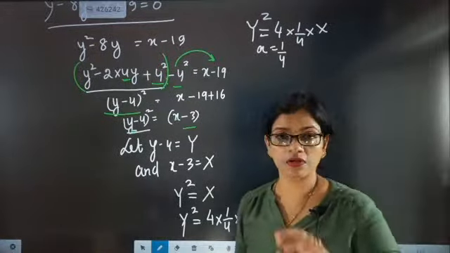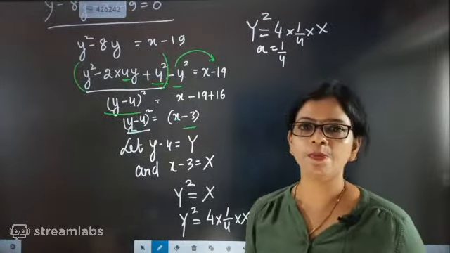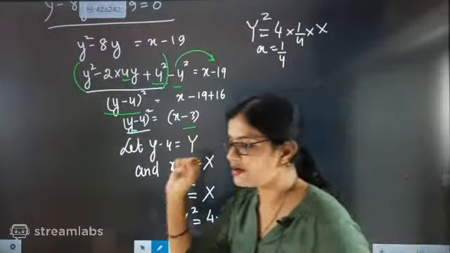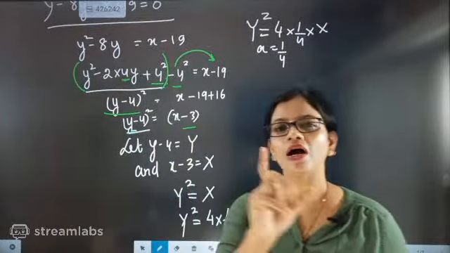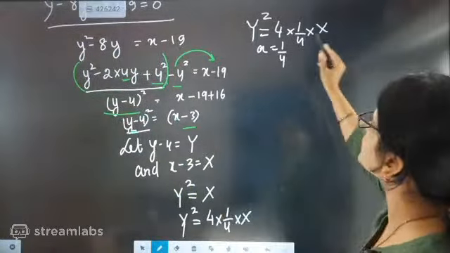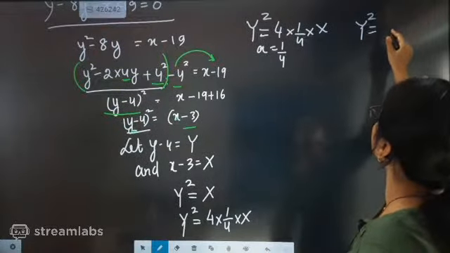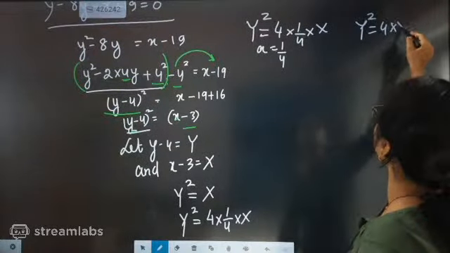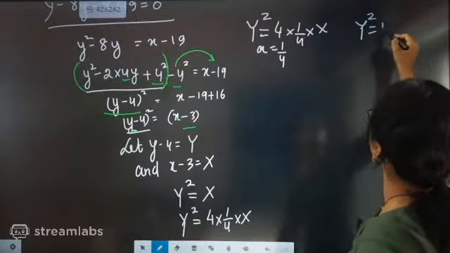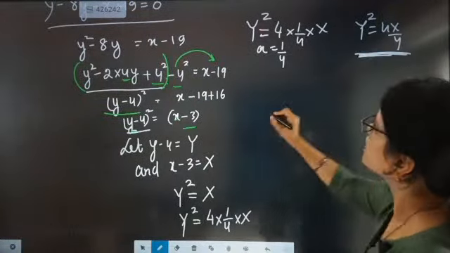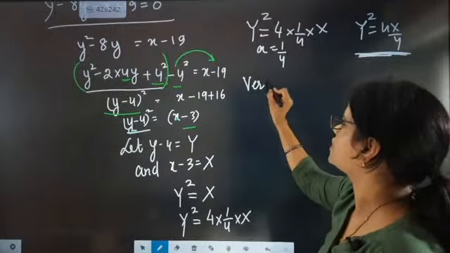Now beta, this standard equation parabola is going to pass through the origin. So definitely for this equation, y square equal to 4 into 1 by 4 into x, the vertex will be 0, 0.